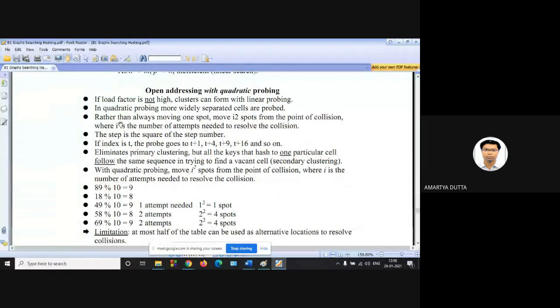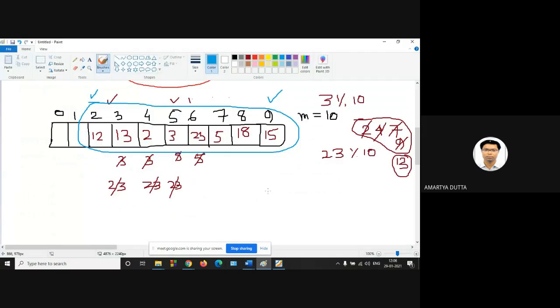So here, instead of a linear shift, there will be a quadratic shift. If i is the number of attempts, the number of probes, in linear probing this is i, and in quadratic probing this will be i squared. This is the main difference.